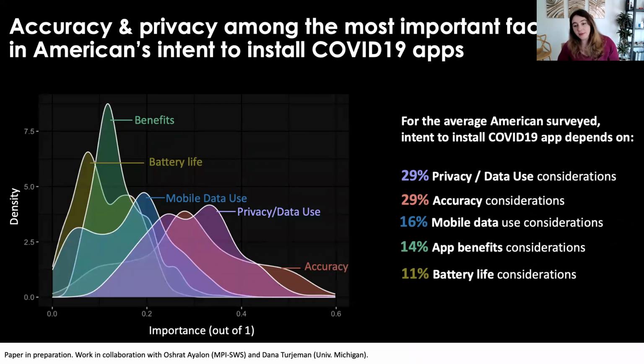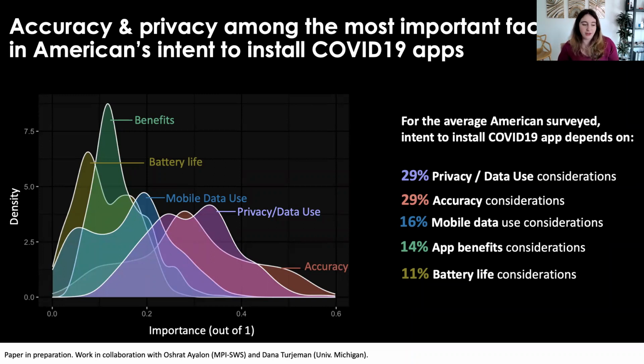And an equal proportion is considerations about accuracy. Does it do the thing that it claims to do, or does it do the thing that is most important to me? We also see the remaining considerations being spread across costs like mobile data use and battery life, as well as how the app was framed in terms of benefits.